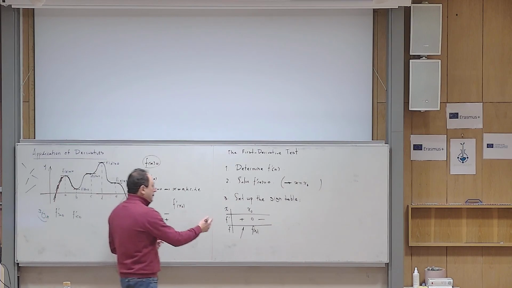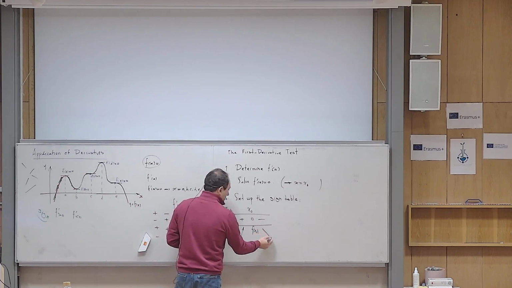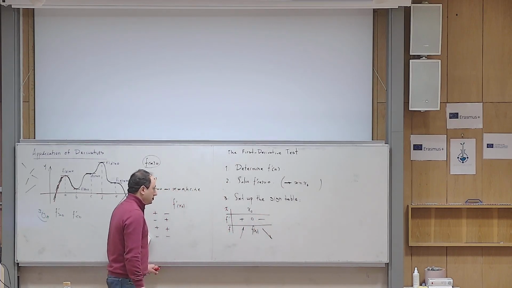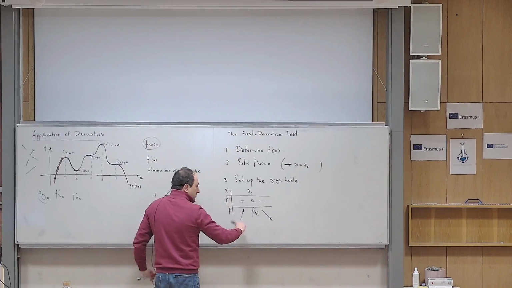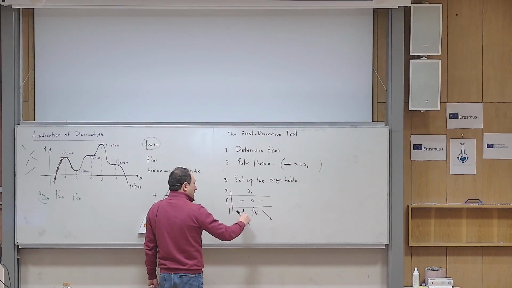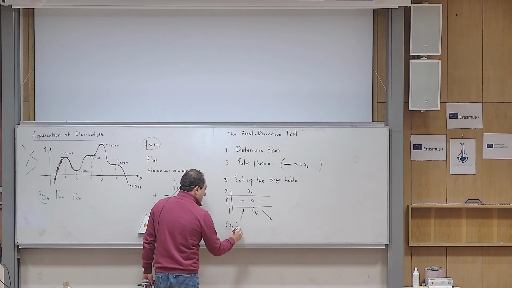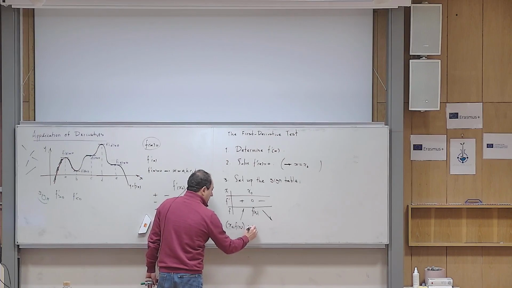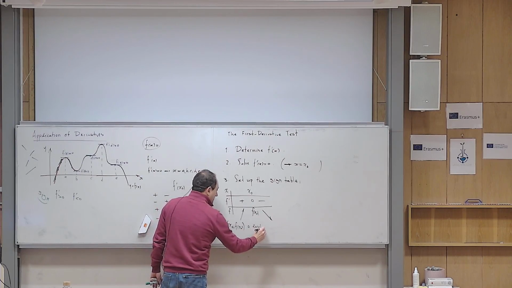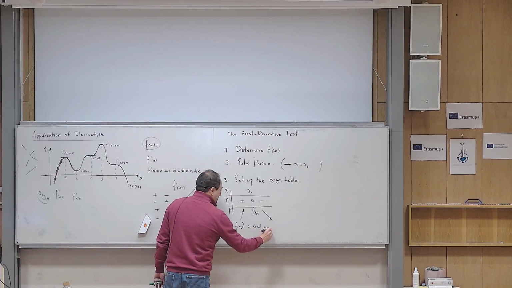And then immediately after that, the derivative is negative. It is going down. If this happens, we are 100% sure that this point x naught and f of x naught is what? A local maximum point.